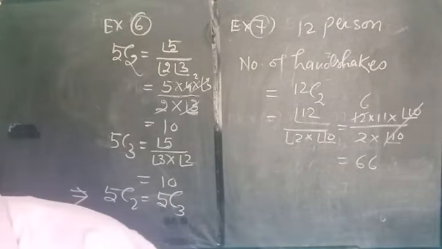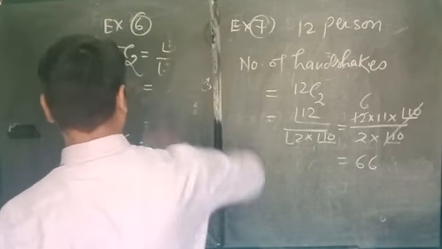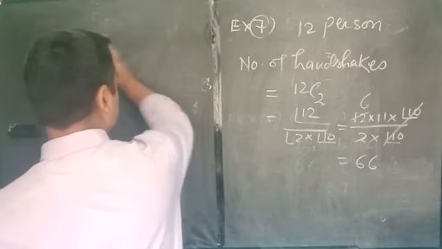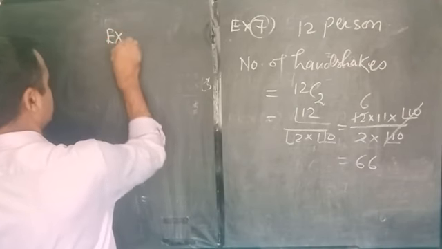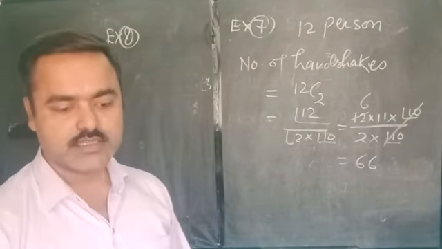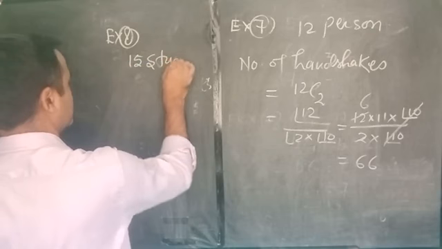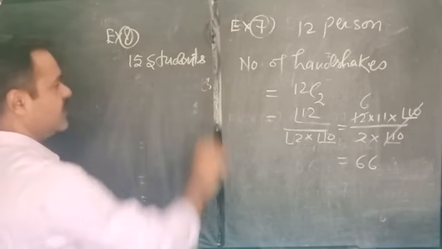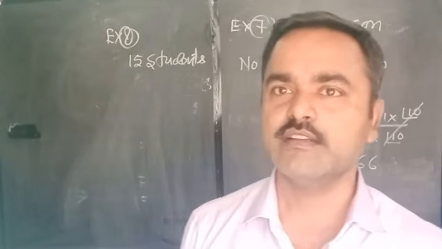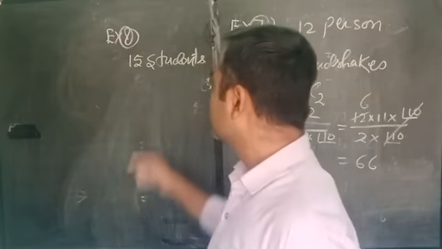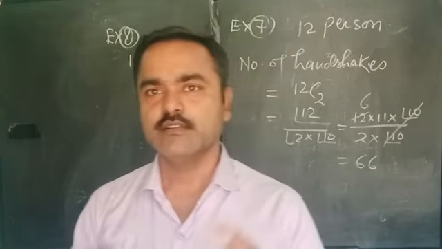Okay, one question more. Question number 8. There are 15 students, and they shake hands with each other, but no neighboring students shake hands.